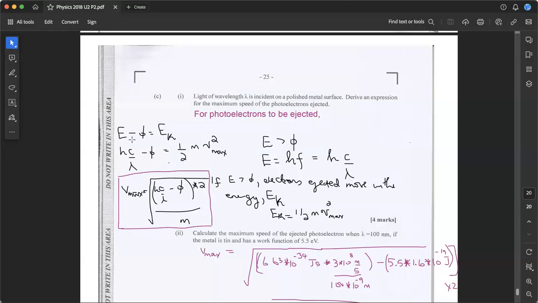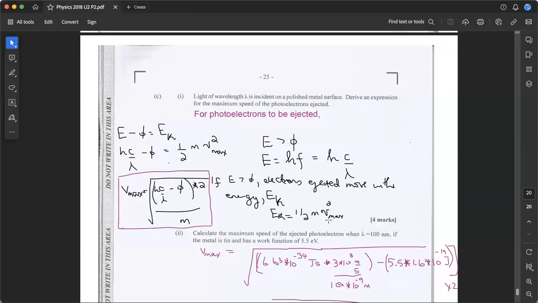In the case where the energy of the incident radiation is greater than the work function, then the electrons ejected move with kinetic energy EK equal to half m v max squared. So that's the maximum speed the electrons are going to move off with.